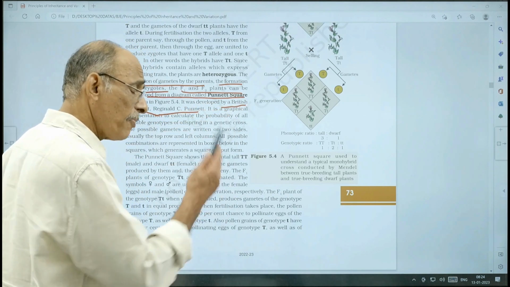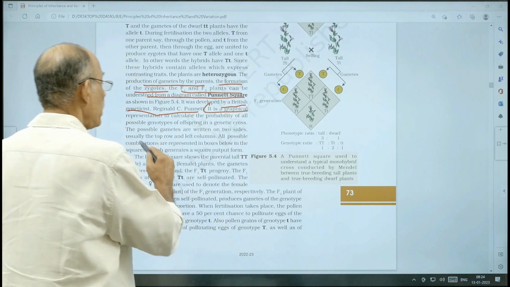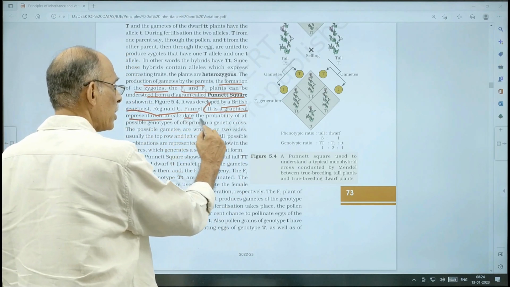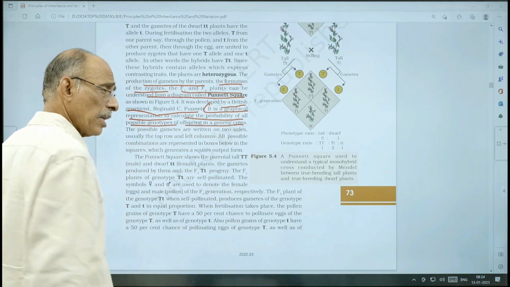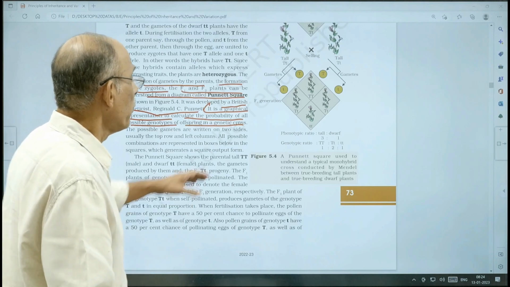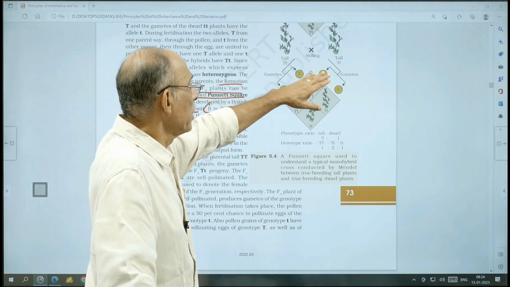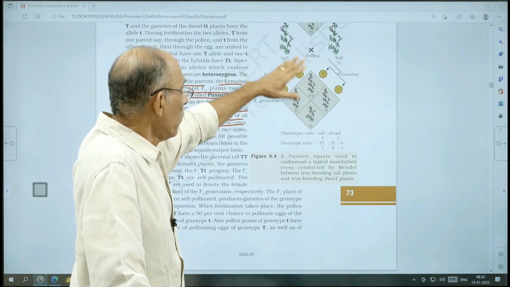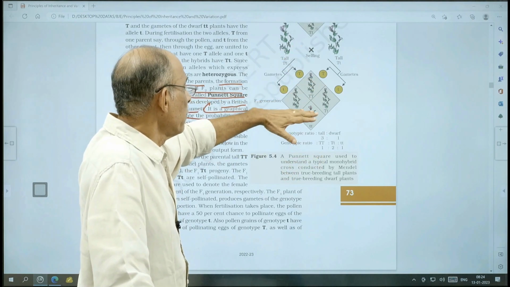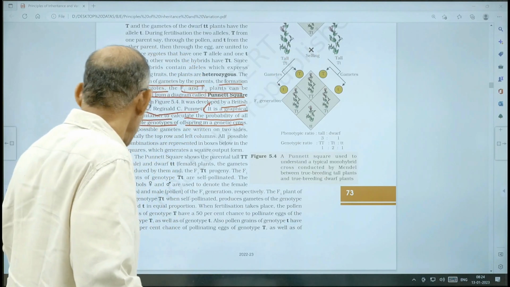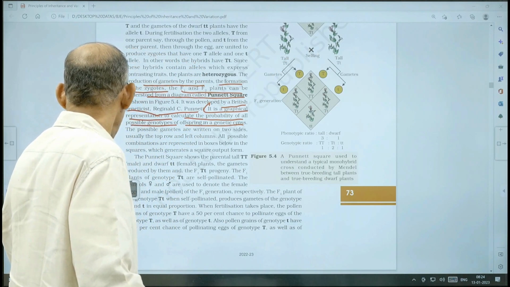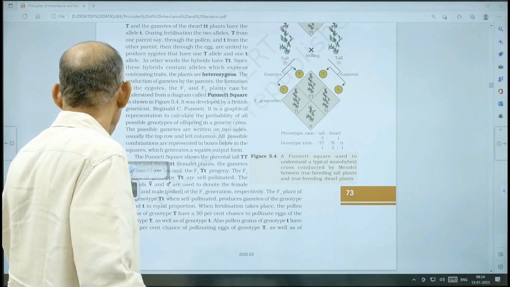It is a graphical representation to calculate the probability of all possible genotypes of the offspring in a genetic cross, with male gametes on one side and female gametes on the other. At a single glance we can get the phenotypic ratio, genotypic ratio, gametes, parents, everything. That is the Punnett square method.